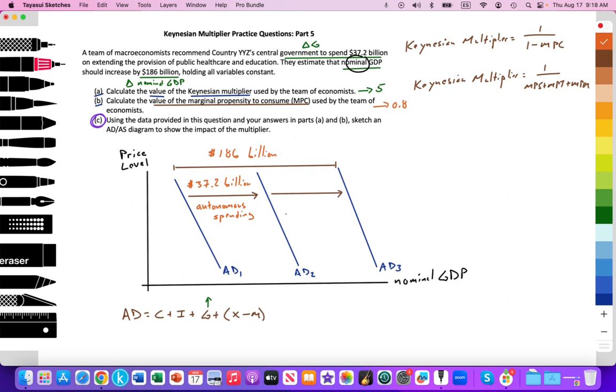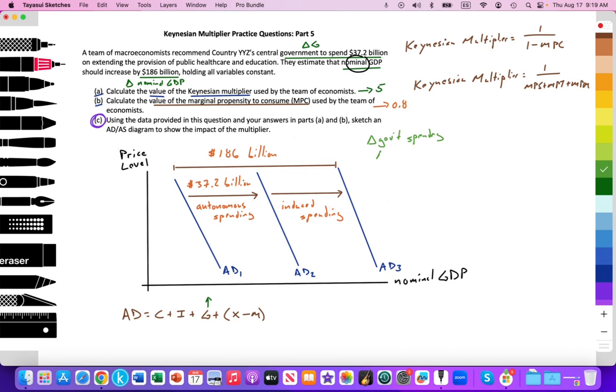I am missing this component here. This is induced spending. And to figure that out, we know from working on this question that there's a change in government spending, and that change in government spending is the autonomous.